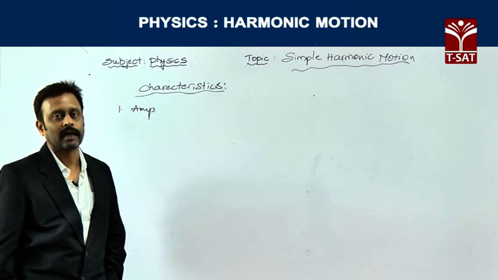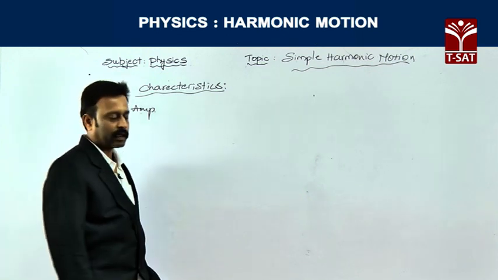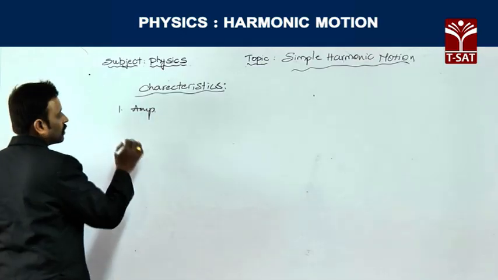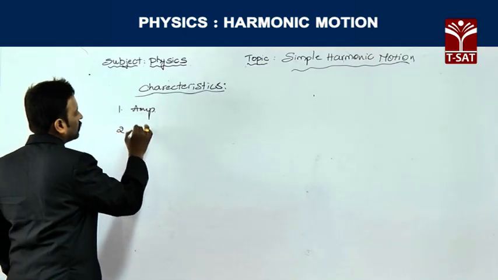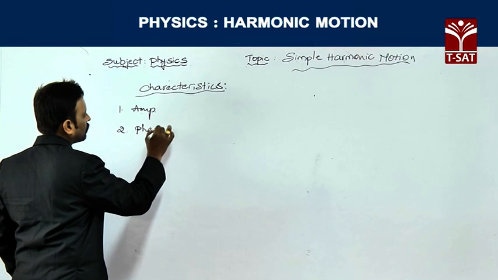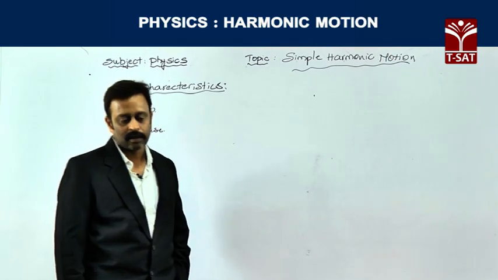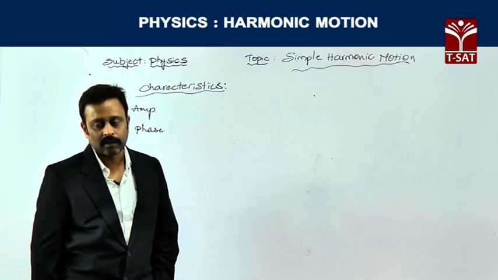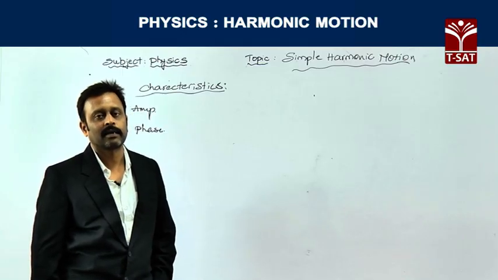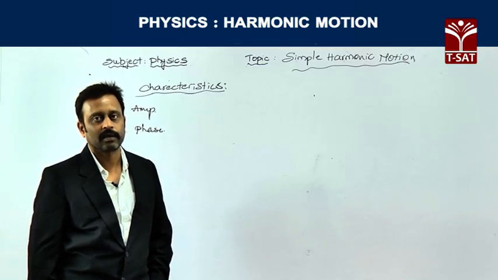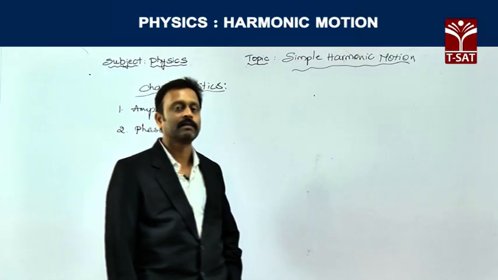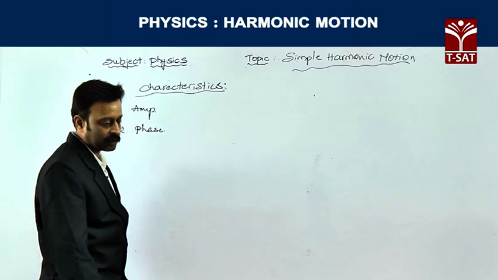Next characteristic, phase. Phase is that which explains the state of vibration of a particle about its mean position. State of vibration of a particle about its mean position is called its phase.